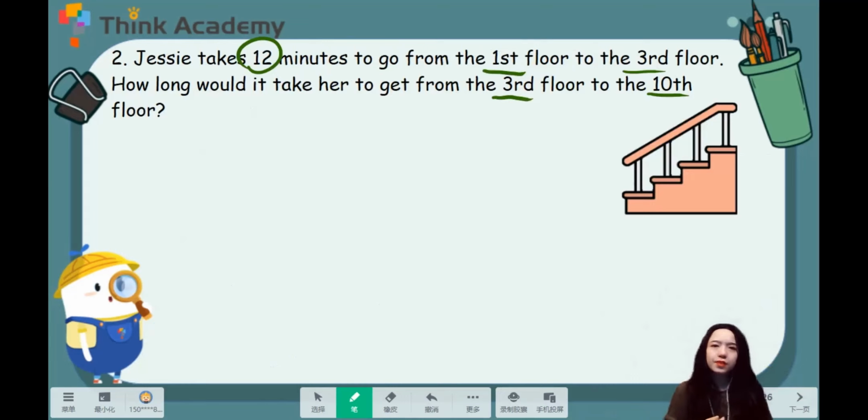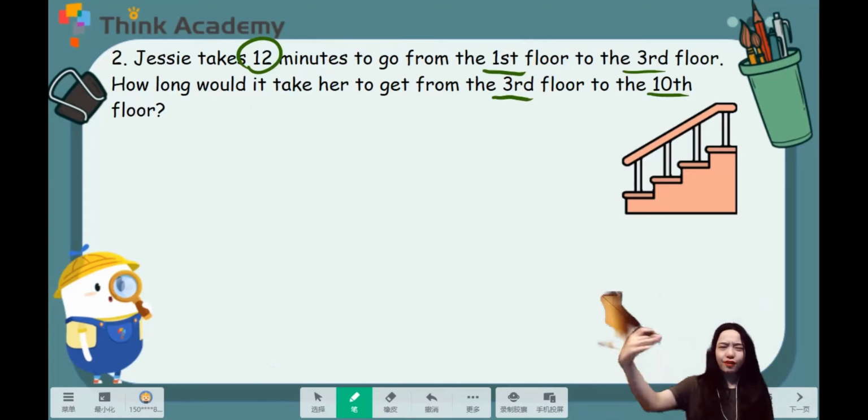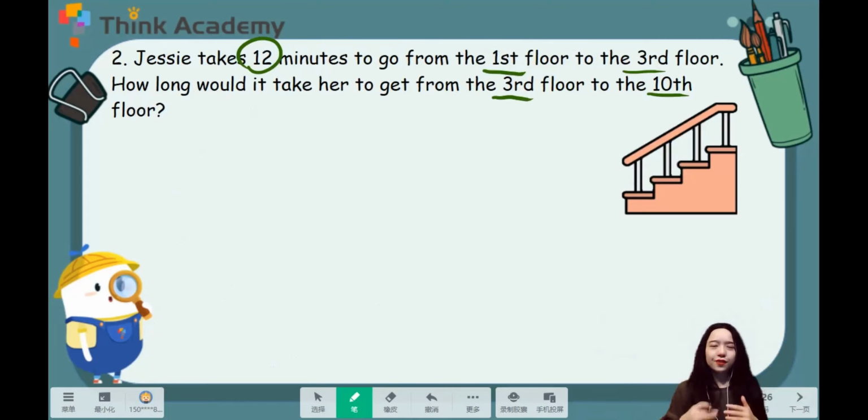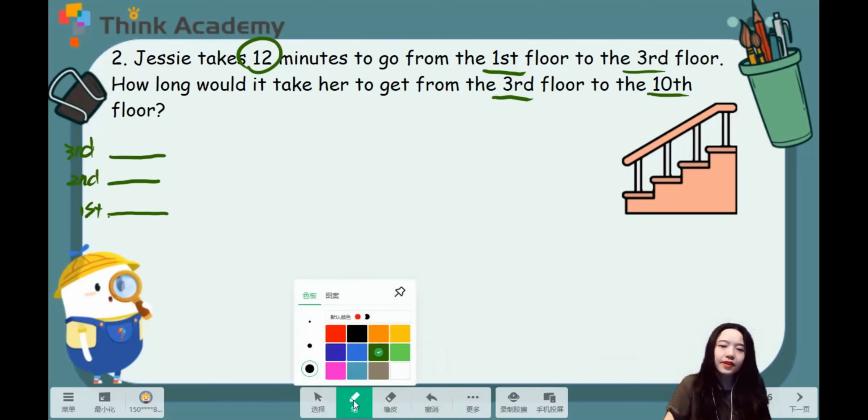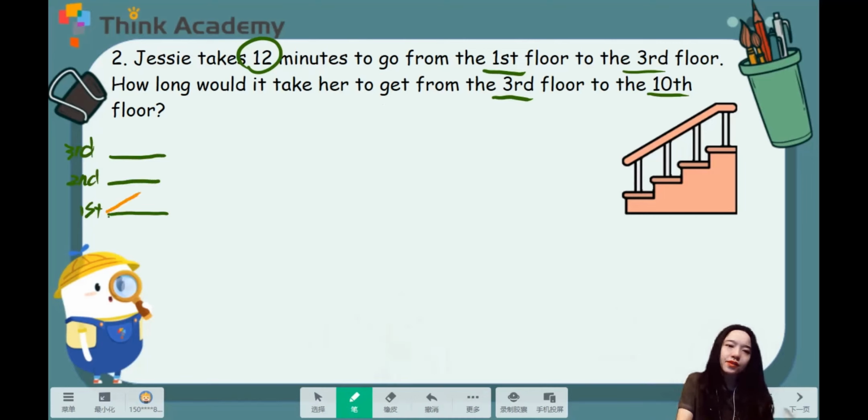Some students, when they see from the first floor to the third floor, think that on each floor she will spend 12 divided by 3, 4 minutes. Is that true? Let's draw it out and explore that. If this is the first floor, to the second floor, and then to the third floor. Here are 3 floors, but how many intervals did Jessie spend time on?